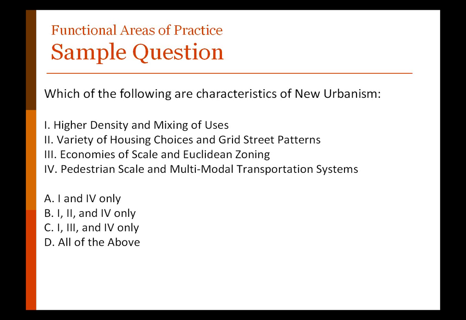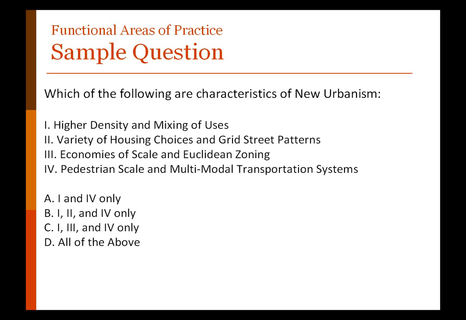Now, this question, more importantly than listening to the content right now, look at the type of question it is. It's a two-tiered question. You need to think of what new urbanism is. So you have 1, 2, 3, and 4 in terms of Roman numerals, but those aren't the answers you're giving. You're giving an answer for A, B, C, and D down underneath there.